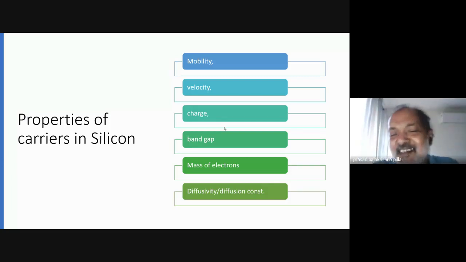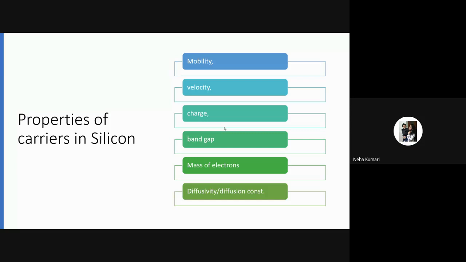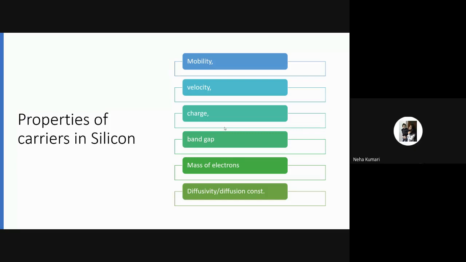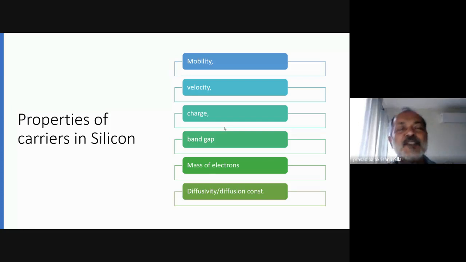Let us say Bhaskar is the heavier man, and Nidhi is the thinnest. So whose mobility will be more? Nidhi, the lighter one. So the mass will decide this.